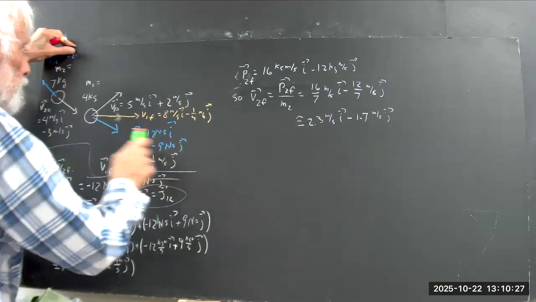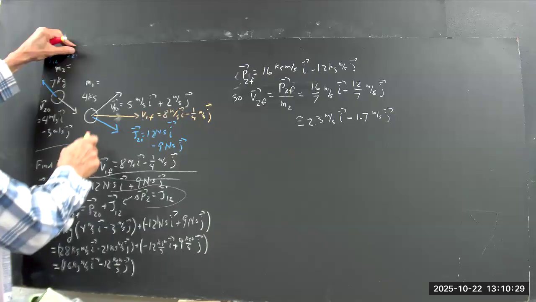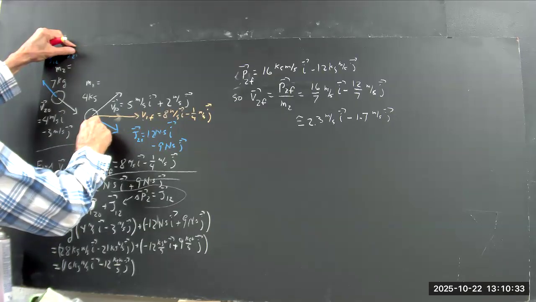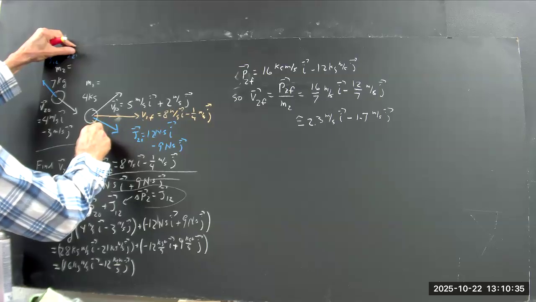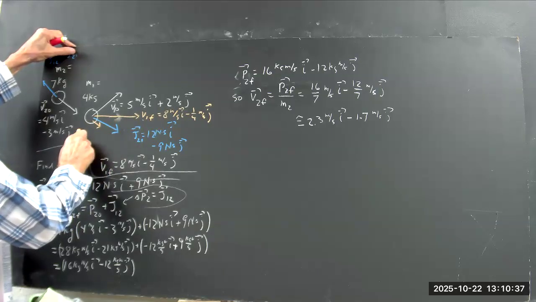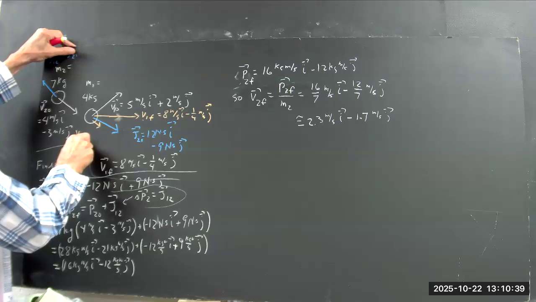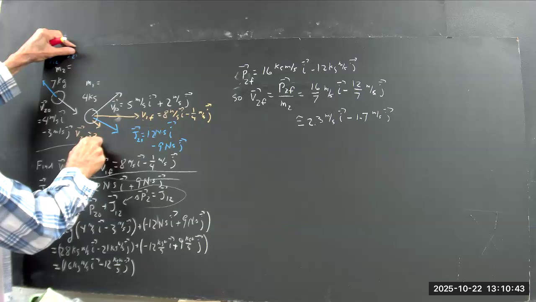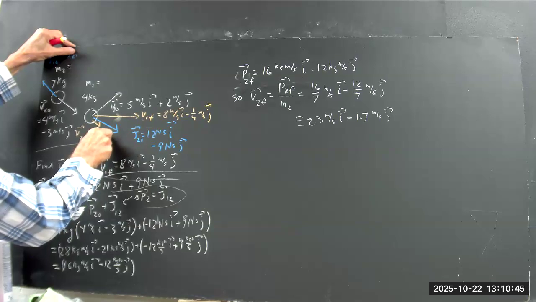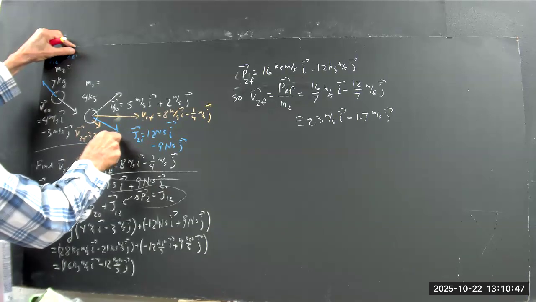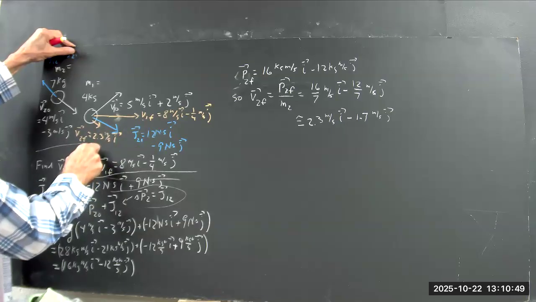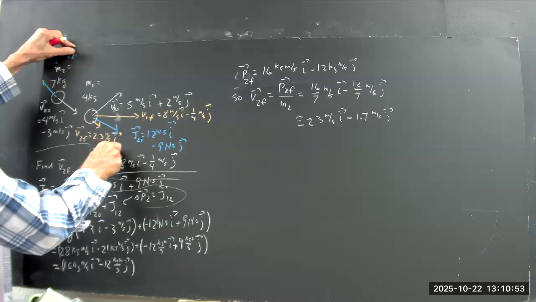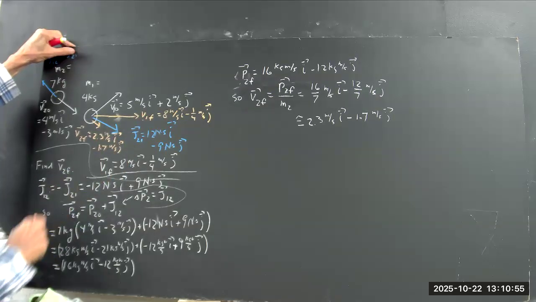It's going to slow down a lot because this one speeds up. So we're going to end up with V2F approximately equal to 2.3 meters per second times the I vector minus 1.7 meters per second times the J vector.